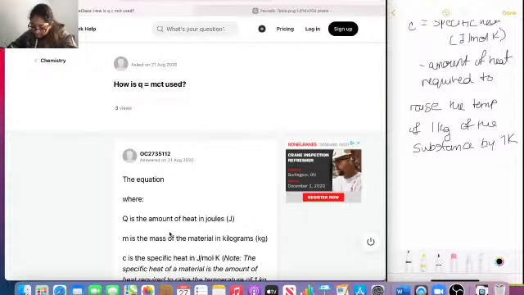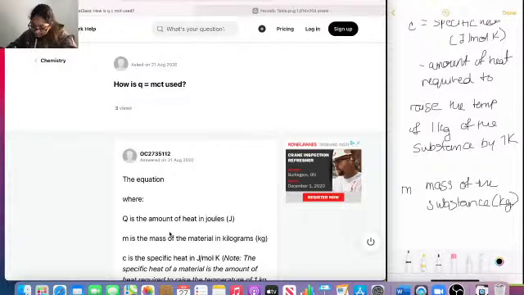And so then we have, oh sorry, M, I forgot to write down. M is the mass of the substance, in kilograms.